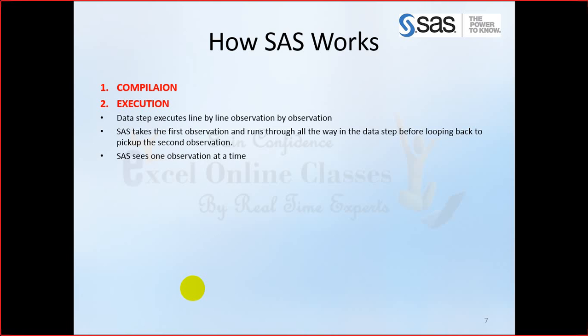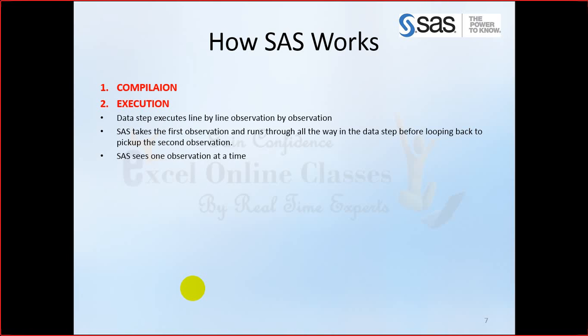Then SAS will execute step by step. If you have two observations, first it will work with the first observation, then the second observation. So it's step by step, not everything at a time. First it will see the first observation, then the second, then the third. There are three things created: the PDV, input buffer and descriptor information.